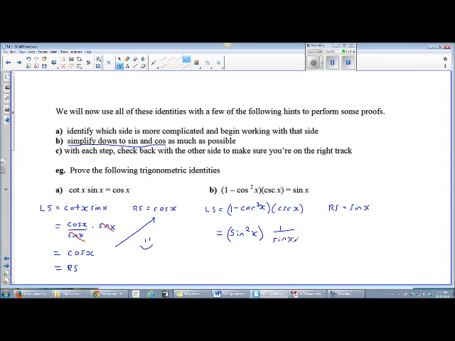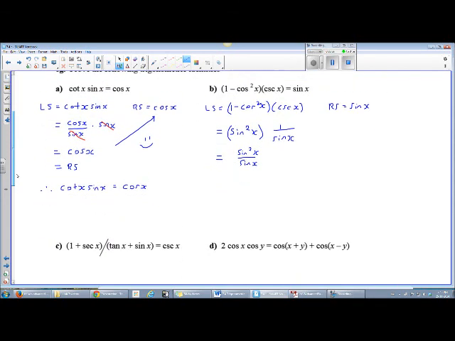Okay, and if I look back over here, I see things might be looking up on the left. So that gives us sine squared x over sine x. And sine squared x is nothing more than sine x times sine x.